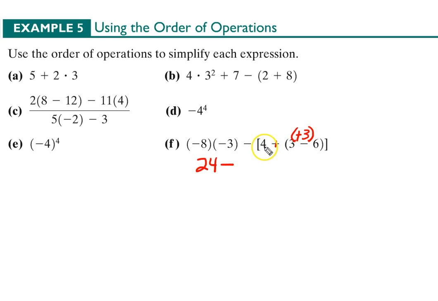And then we have 4 plus 3, and this bracket is 7. So, we did this, got a negative 3. The opposite of a negative 3 made it a positive 3. 4 plus 3 is 7. And then applying this sign now, this becomes 24 minus 7, which is going to be 17.